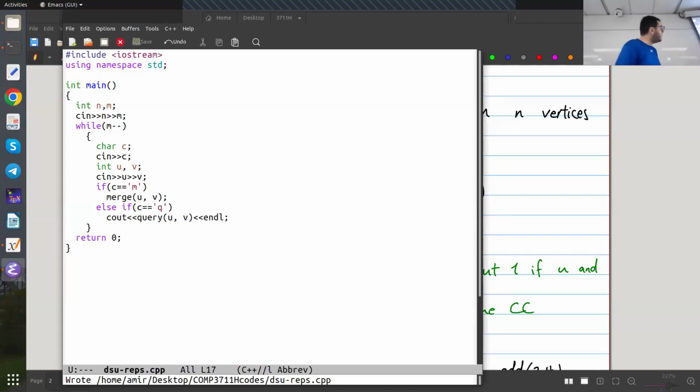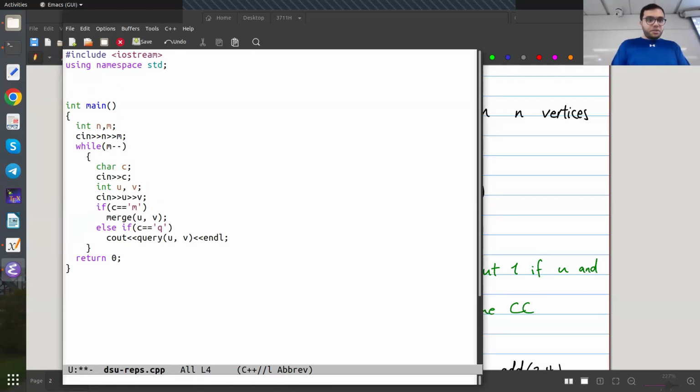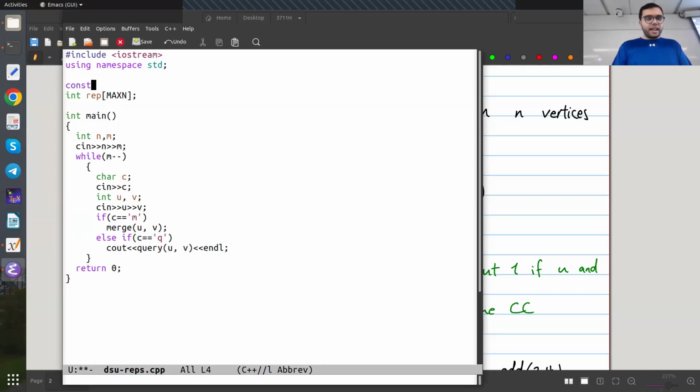Okay. Now I want to have representatives for all of the vertices. So here's what I'm going to do. I'm going to say, let's say I have a representative for every vertex. And let's say my maximum n here is something like this. So rep[i] is the representative of vertex i.